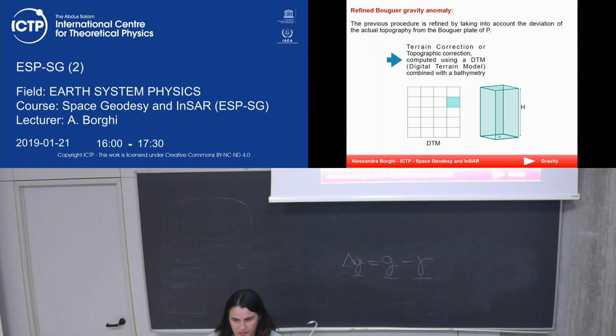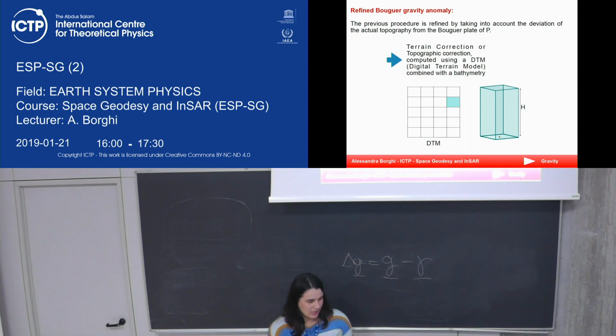We use a lot of digital terrain models. The simple application is to put a beautiful figure in your paper. Often it's important to see the correlation of your data with the Earth topography. So we put a beautiful figure with some contour lines. No, it's not contour lines, it's better now, with some figure where you can see the topography under your measure point.